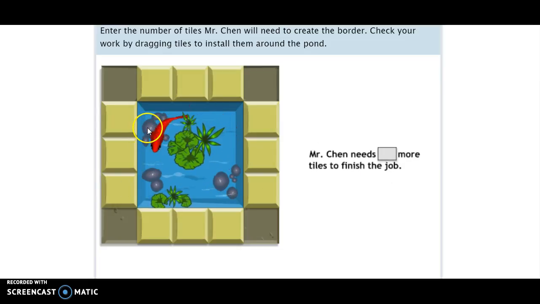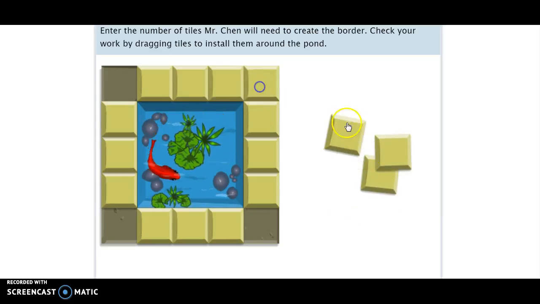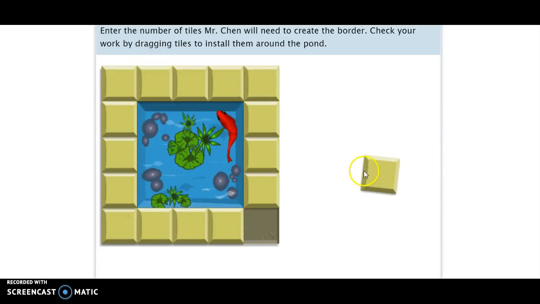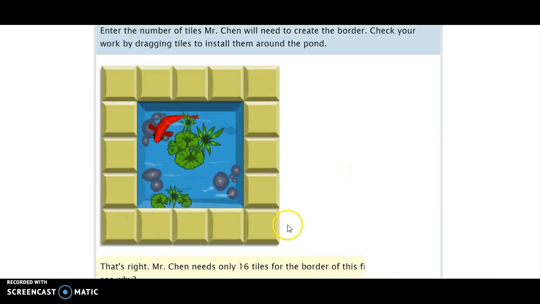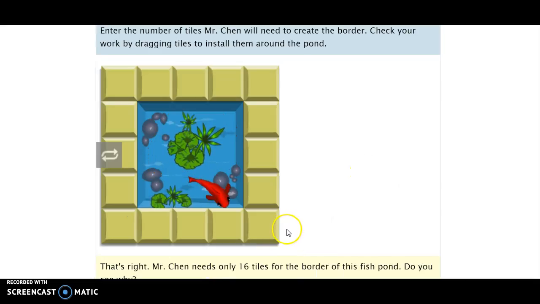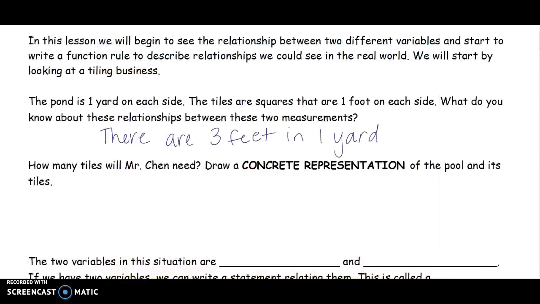Yes, we have 4 sides, each has 3 to cover it, but because this is a square, we are missing 4 tiles, which represent the corners. If we do this, it creates the full border around that pond. So Mr. Chen needs 16 tiles, and our fish gives us a round of applause.